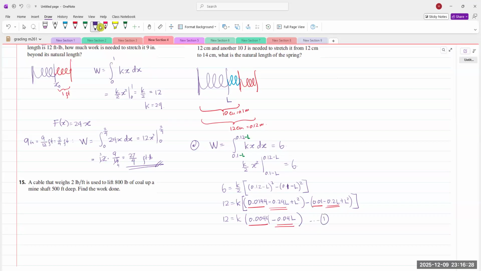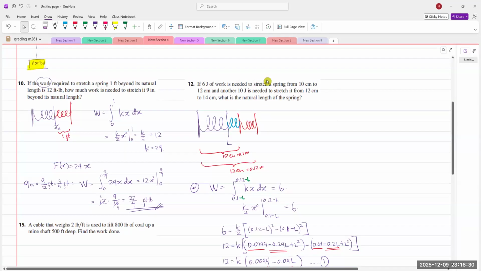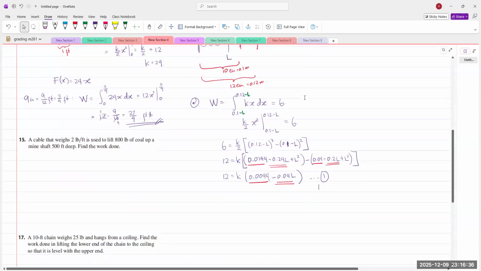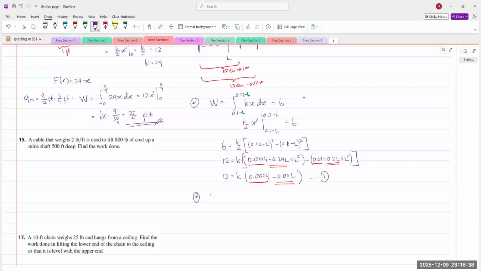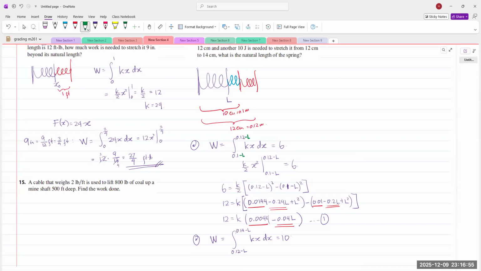They tell us another 10 joules is needed to stretch from 12 centimeters to 14 centimeters. So the second equation, the work is the integral from 0.12 minus L to 0.14 minus L of kx dx. This equals 10. So what they do after that is stretch it a bit further until the length is 14 centimeters, which is 0.14 meter. Okay?